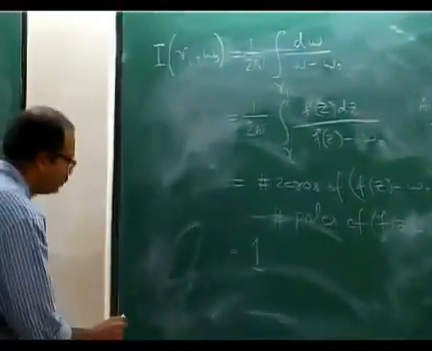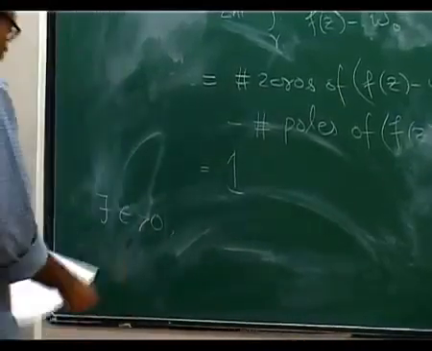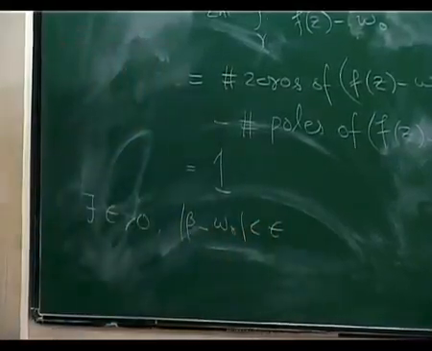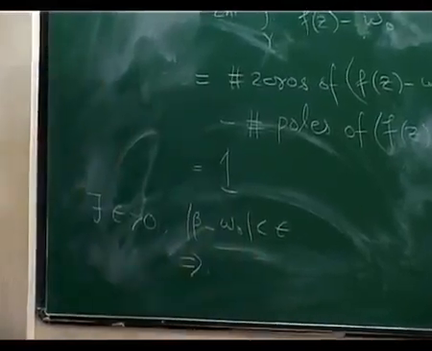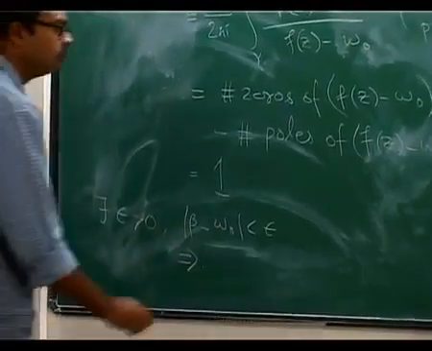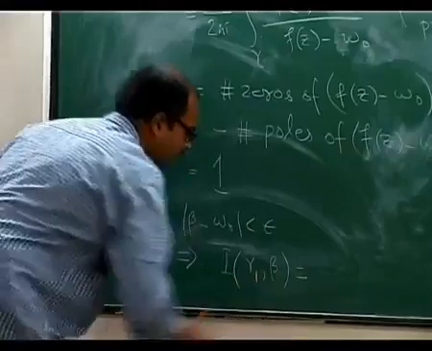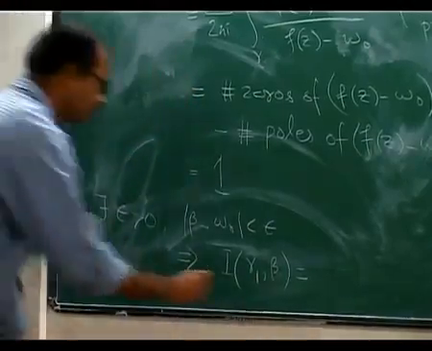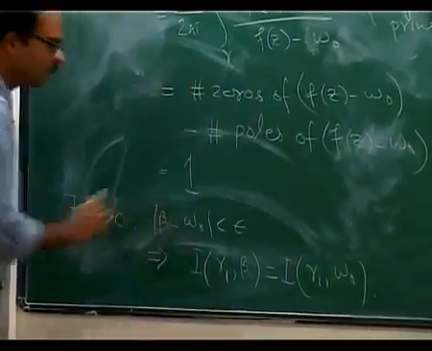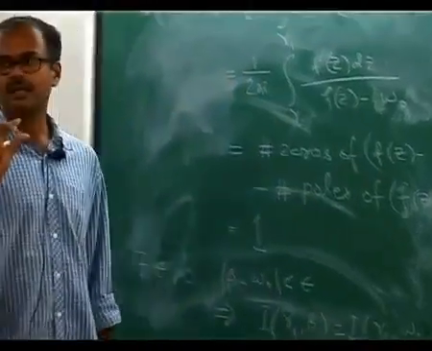So there exists an epsilon such that if beta is close to w naught, within epsilon, so in a small disk around w naught, then the winding number of this curve at beta is equal to the winding number of this curve at w naught, because winding number remains constant and we took such a small disk which fits inside a connected component.